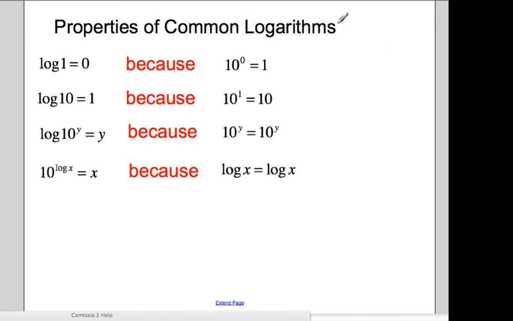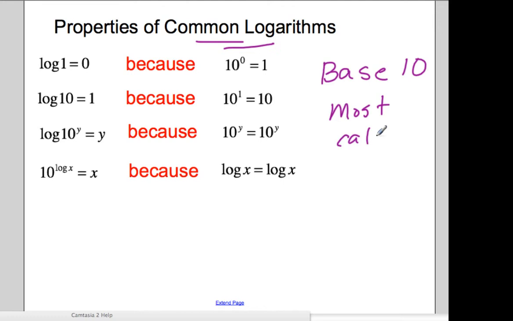Then we have the properties of common logarithms, which basically are exactly the same, except they're called common logarithms because they are all base 10, and they are what most calculators are in.